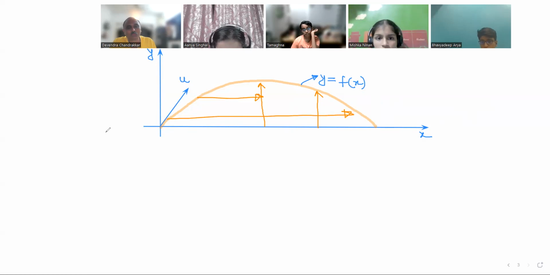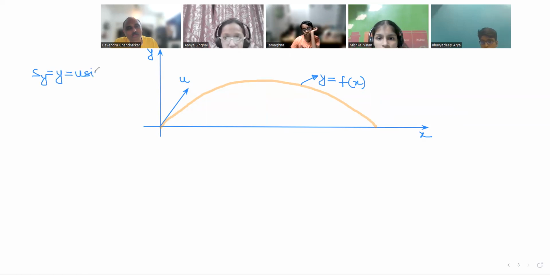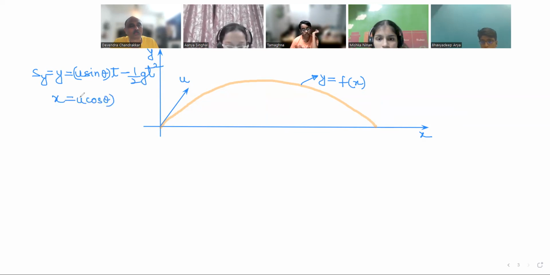So if you know these displacements, which you are already aware of, let's see what it is. So displacement along y-axis, let's write it as y. What is it? It's u sine theta t minus half gt square. You can see it. In your notebook, you have written it. And x is what? X is u cos theta into t.